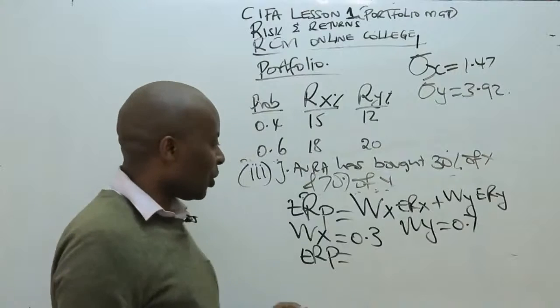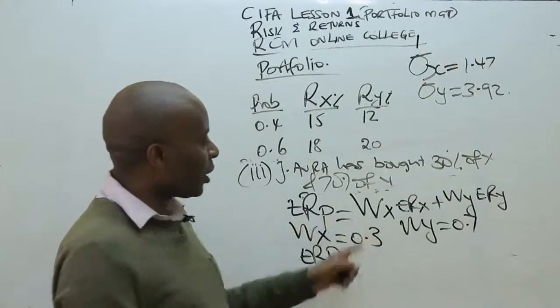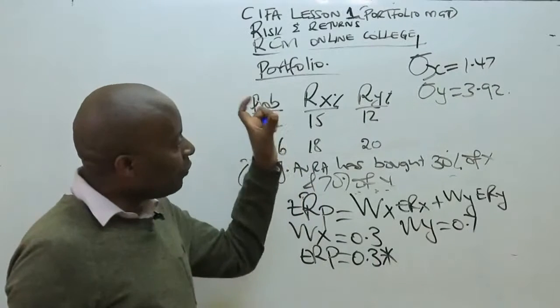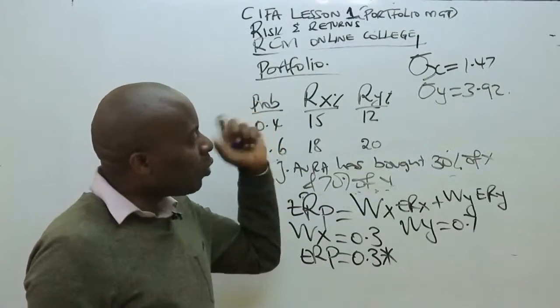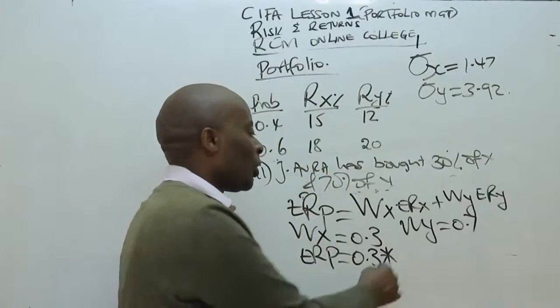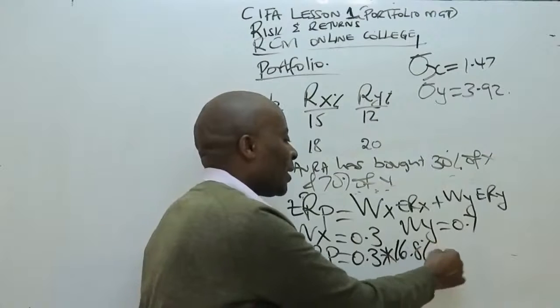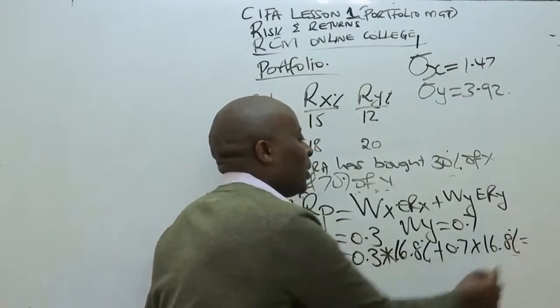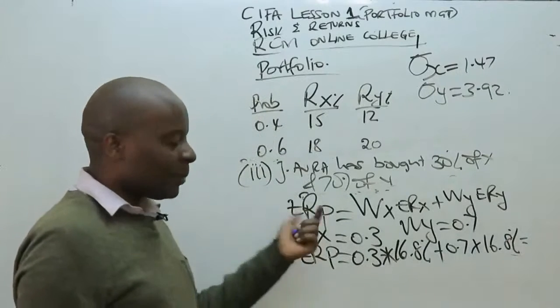Weight of X is 0.3, and the expected return of X, which was equal to the expected return of Y, was 16.8. So 0.3 times 16.8% plus 0.7 times 16.8%; you can decide to disregard the percentages.